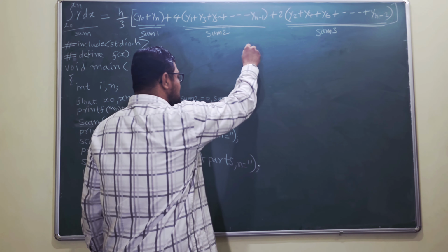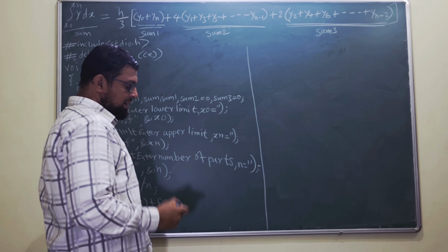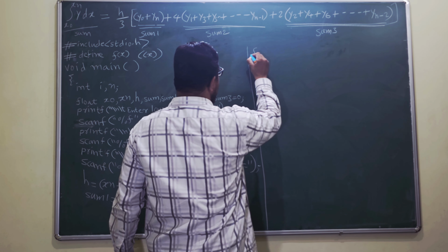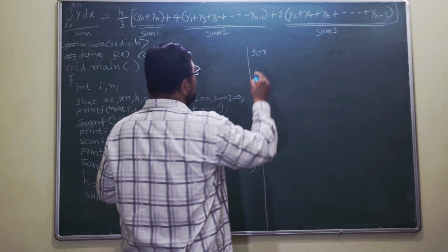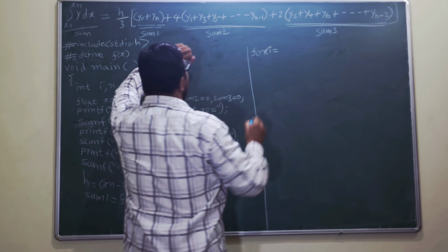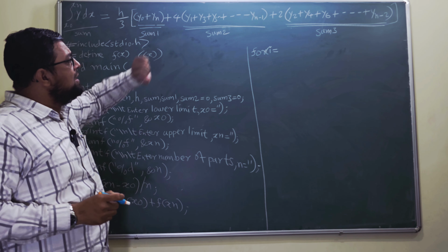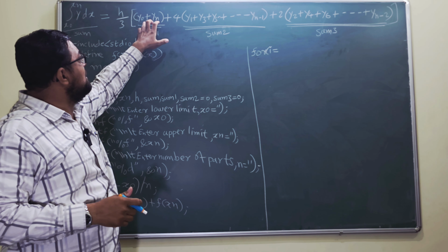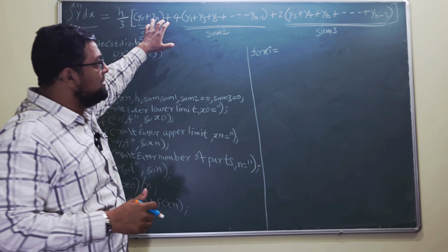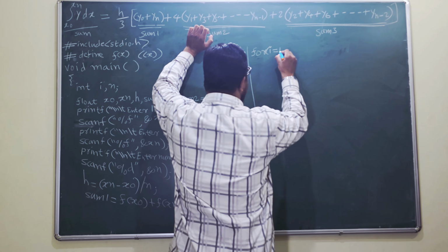For that purpose, we will be using a for loop here. So we have a for loop. Now we will start it from 1 only. The reason behind this is that here we need from 1 only. Okay. Here y0 and yn were already used. So we will start this from 1.